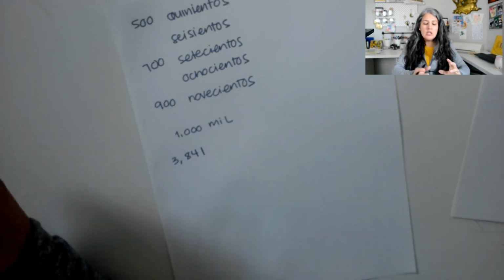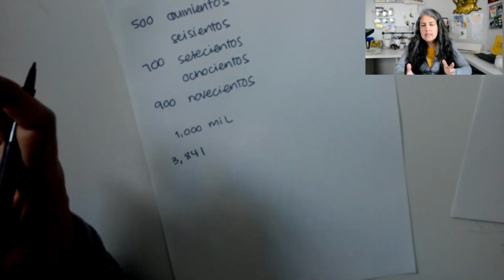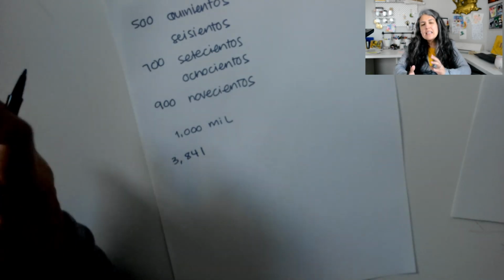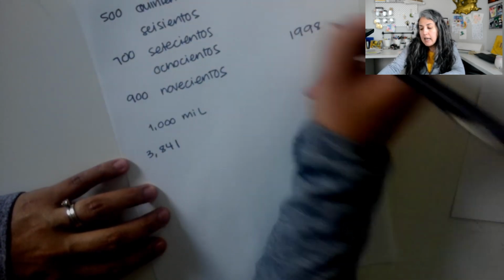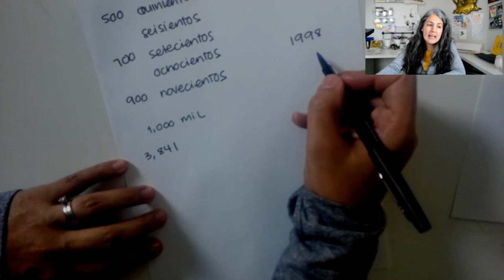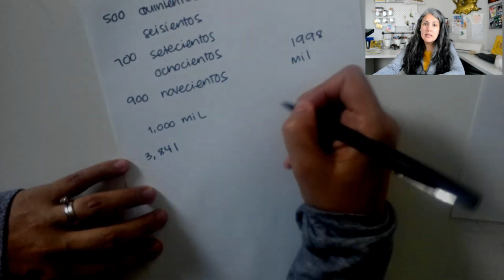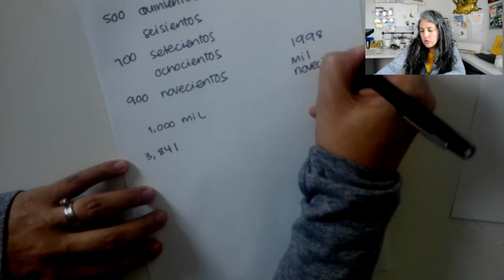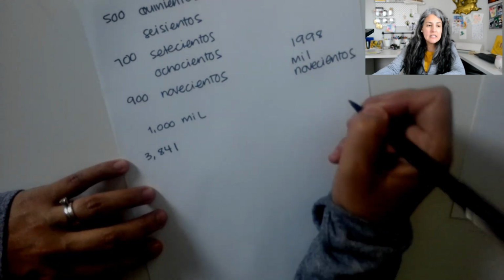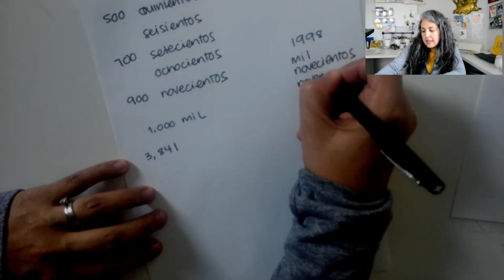Now let's go to when we're talking about years. For example, 1998. So we have again mil, 900, 998. 90 and 8. 98.